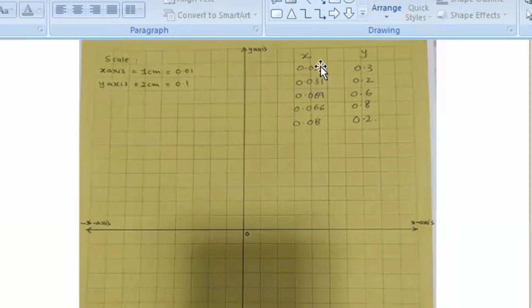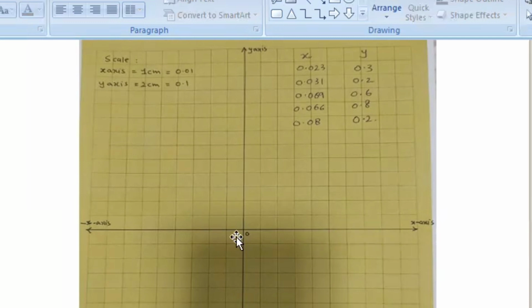We have 0.023 as the smallest and 0.08 as the largest. According to this, you are going to select 1 centimeter, and on every 1 centimeter you take 0.01, then 0.02, 0.03, 0.04, 0.05, 0.06, 0.07, 0.08.